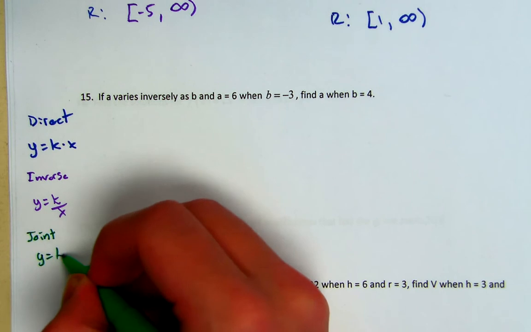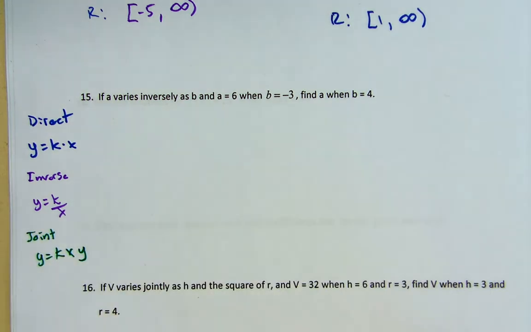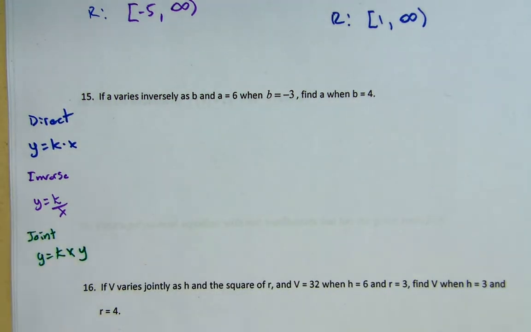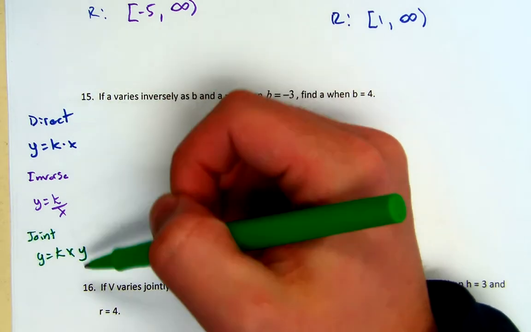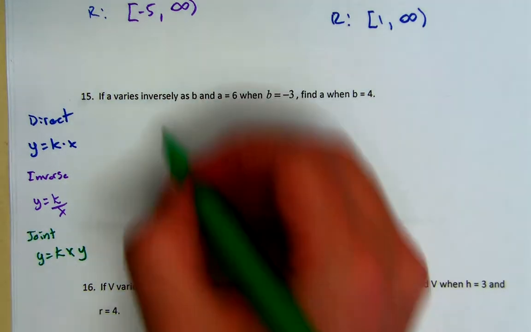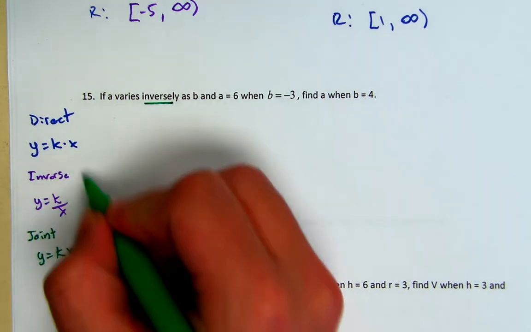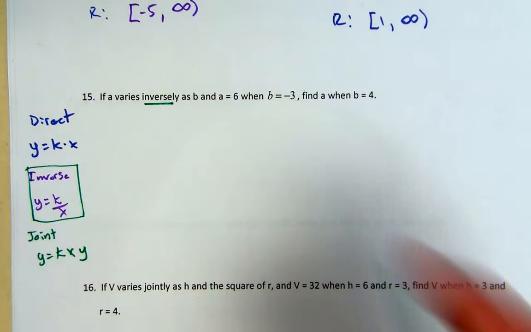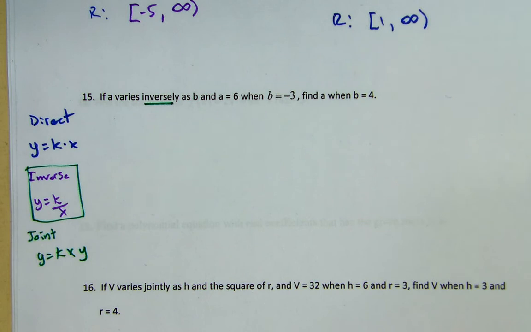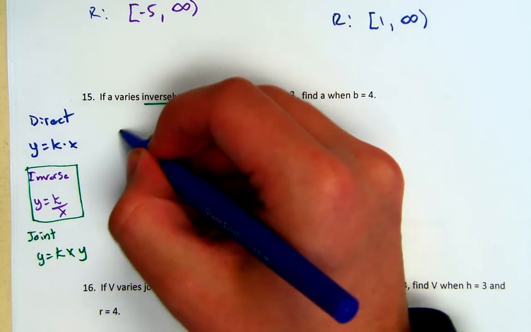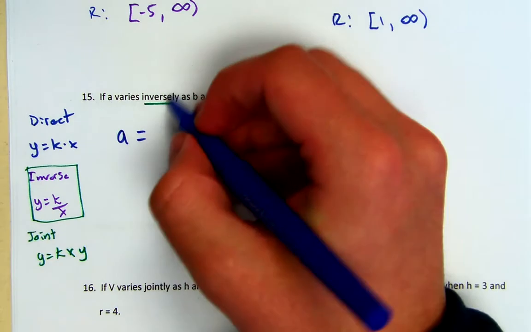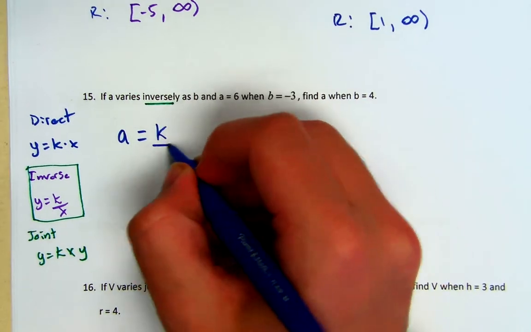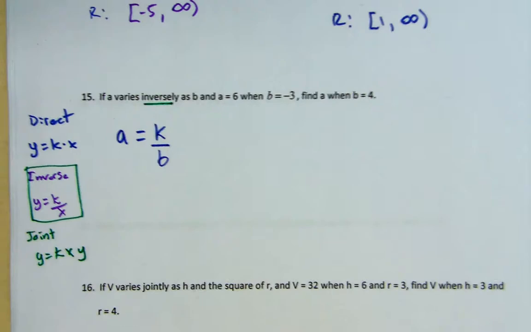That's your y equals kxy, so multiple going on. And we have a combination of these. Well, this says inversely, so I'm probably going to look like this one here. So if A varies inversely, well, we need K. We need over B.